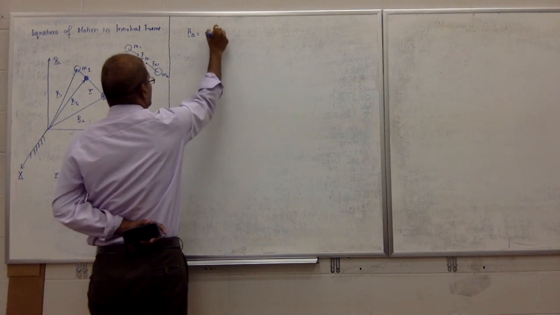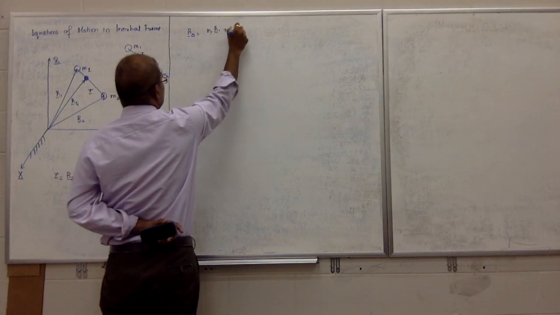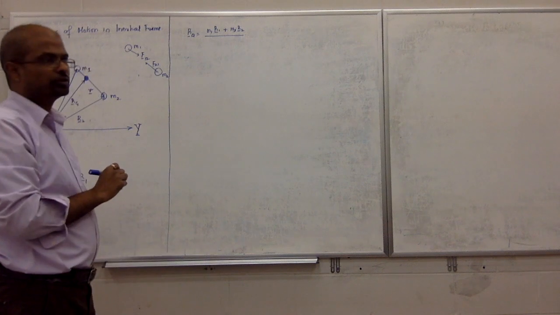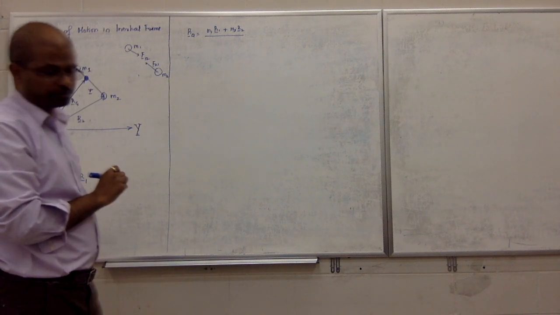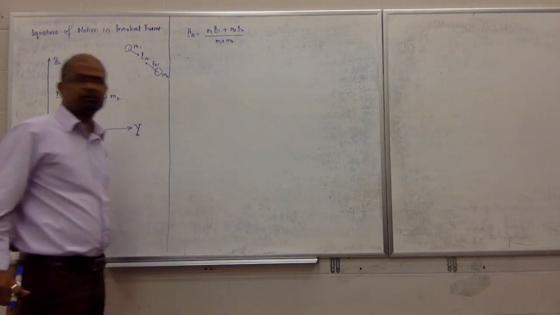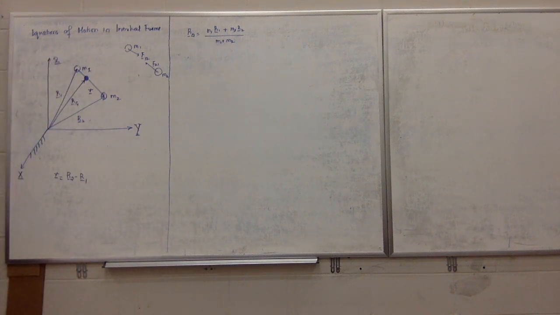RG is M1 R1 plus M2 R2, divided by the total mass. Essentially, this is how you calculate the center of gravity, similar to when you do a moment of inertia calculation.